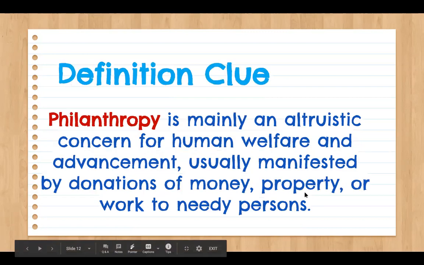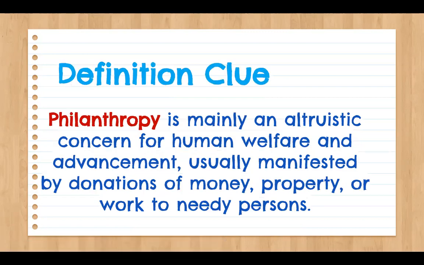A definition clue is the most direct one. It's when the author gives you the definition of the new term. Usually if you're reading an article that has a lot of terms, the author gives you the definition of that terminology, for example, the word philanthropy.